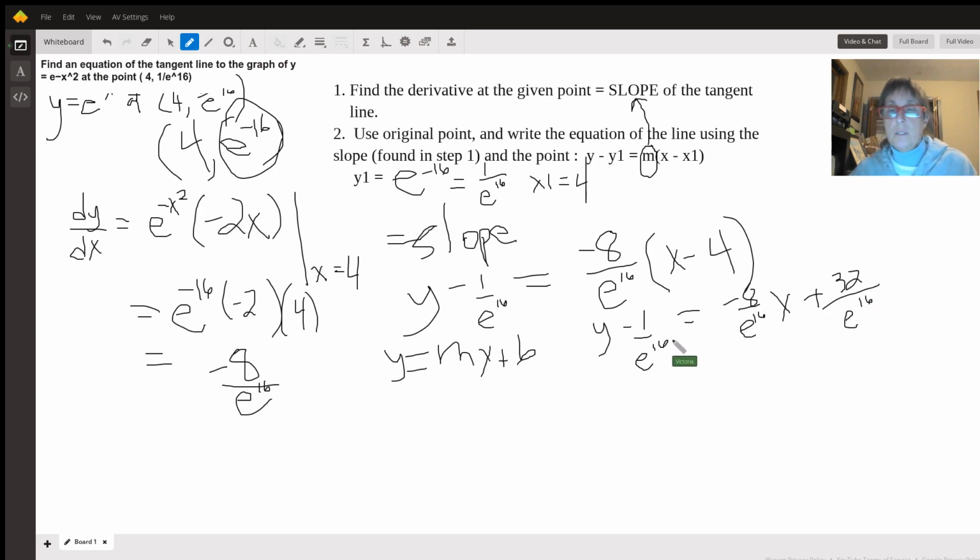And then you add 1 over e to the 16 to both sides. And now you have y all by itself, and it equals the slope, which is minus 8 over e to the 16, times x.